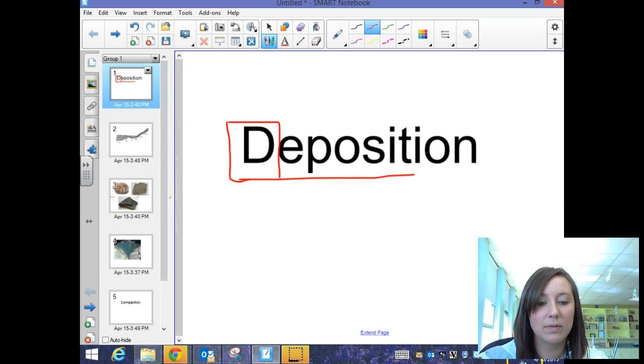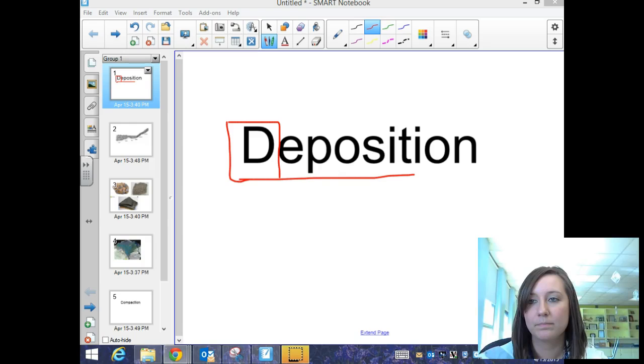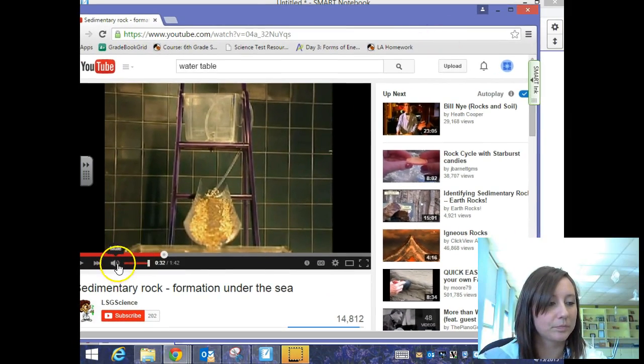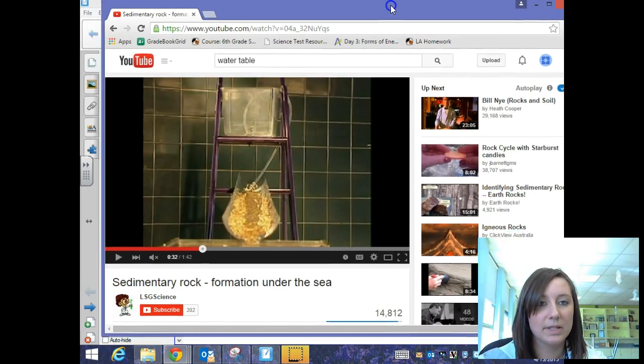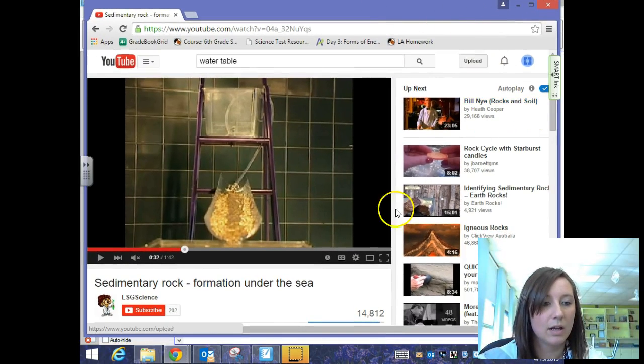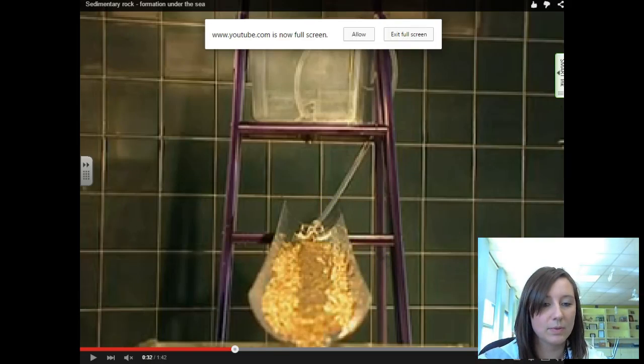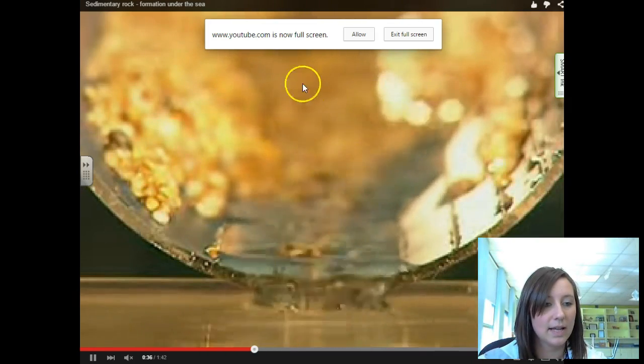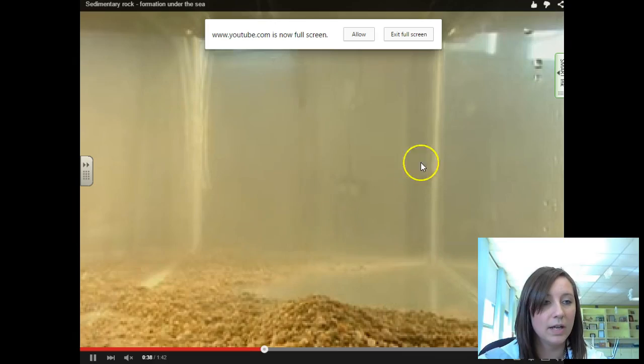So let's just take a minute right now, and we're going to look at a video on YouTube so you can see what deposition would actually look like in a river. We're going to model this with a stream table. You can see right here, these are the little rocks, and this is equating to a river, and then it's flowing into what would be the sea.